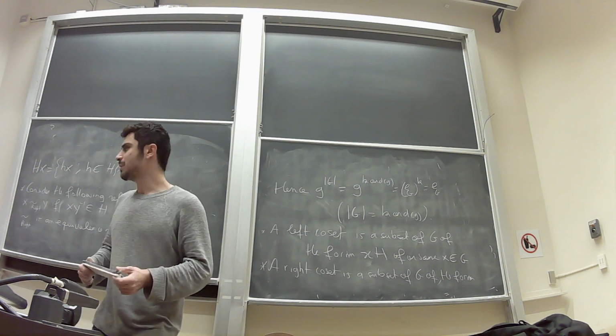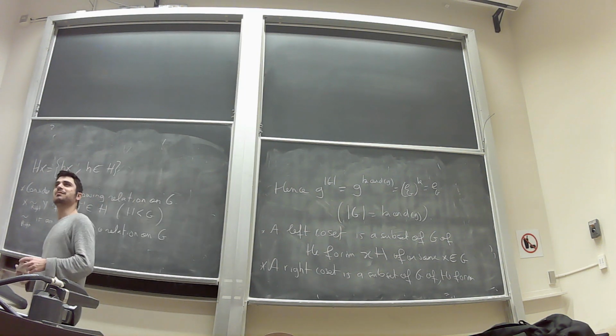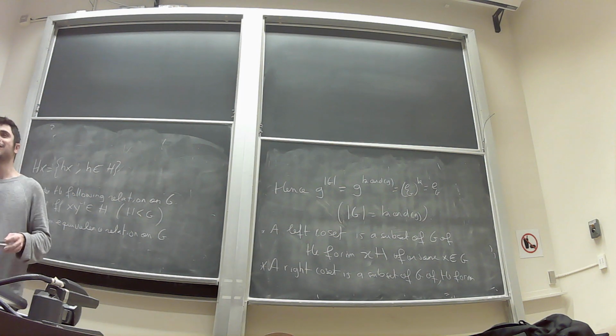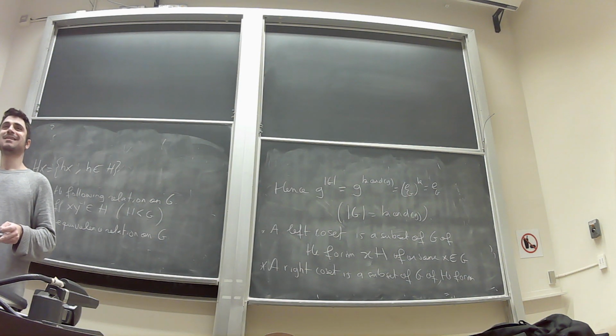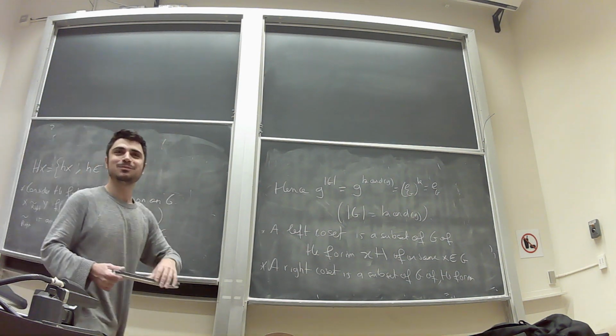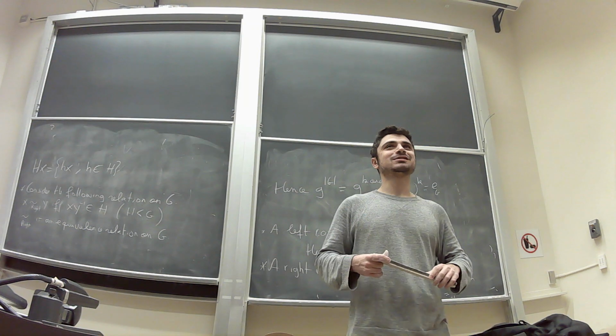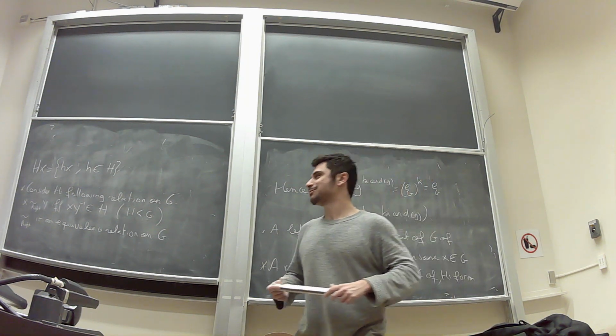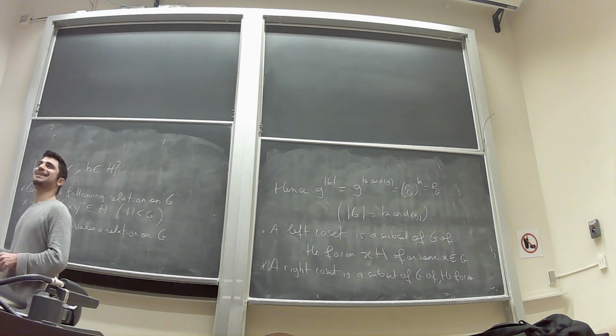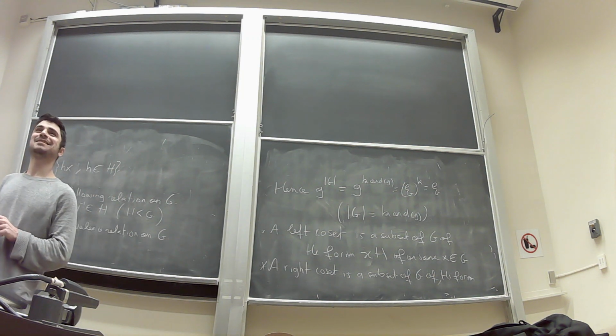But some of them in the homework are in the tutorials. Show that if x squared is equal to the identity for all x, then G is abelian. That you have seen in tutorials, no? Anyways, do attend, okay?